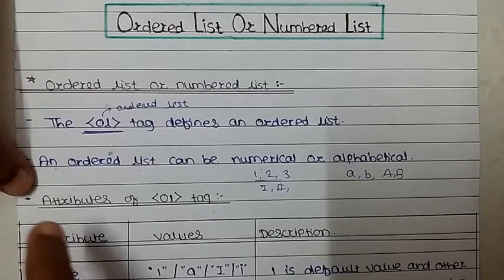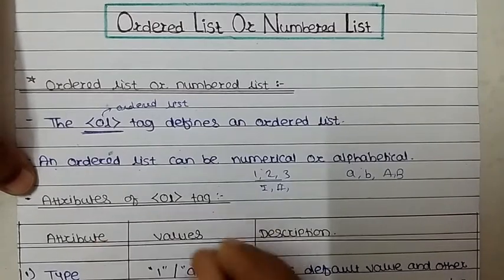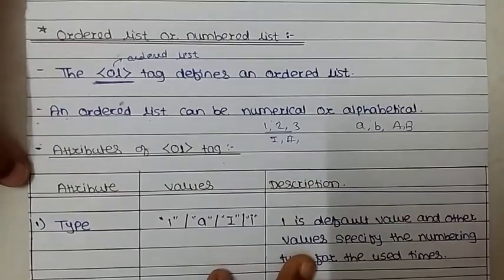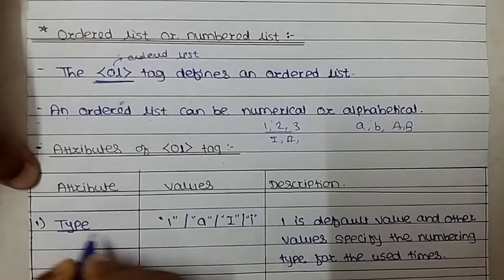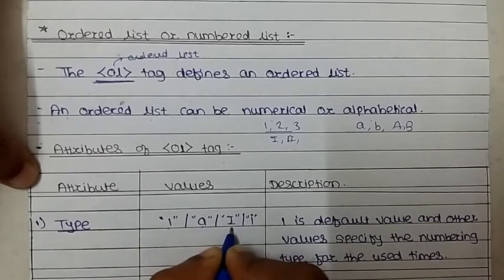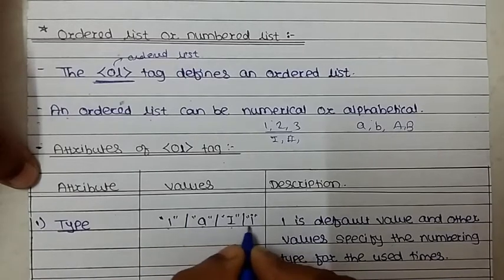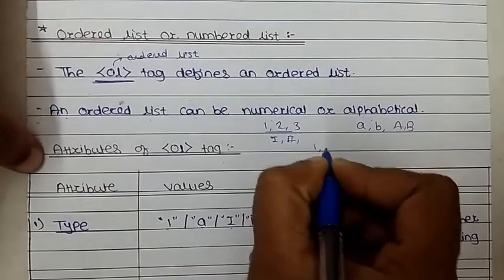Clear? So there are some attributes of the OL tag. What are the attributes here? First attribute is type. The values are 1, A, small a, Roman I, and small i, like this.